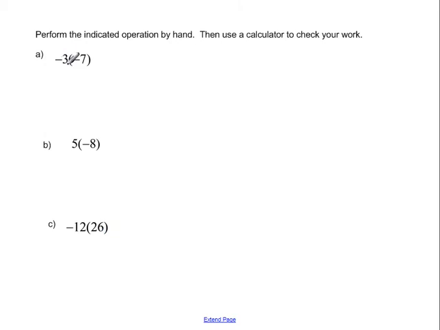So hopefully you went through and saw in your reading and in your class preparation that a negative times a negative will always give us a positive number. So negative times negative will always equal a positive.